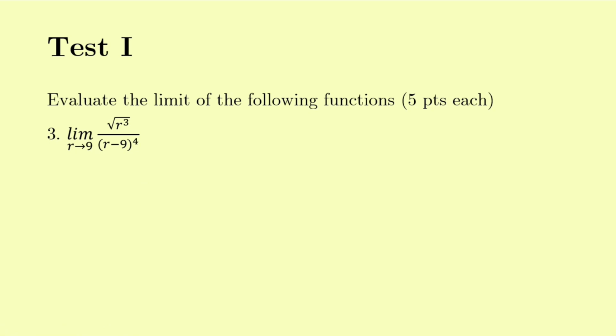So using fractional exponent, this will become r raised to 3 halves all over r minus 9 raised to 4. Okay. As r approaches 9. Can we use algebra here?